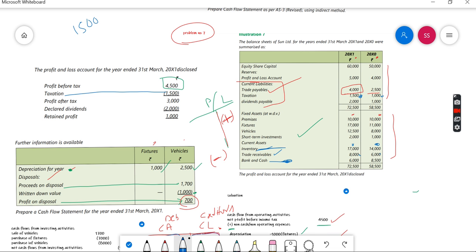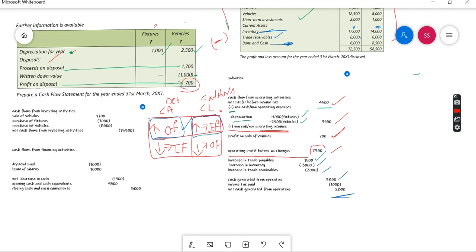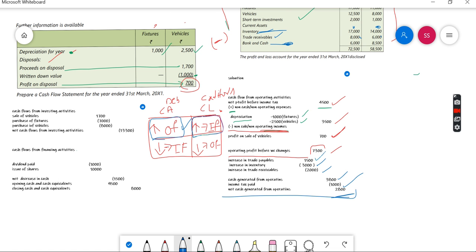Opening 2,000 minus closing, 1,500. The 1,500 gets cancelled, the remaining 1,000 will remain, right? So we need to deduct 1,000 rupees as income tax paid. So net cash generated from operations will be 2,800.